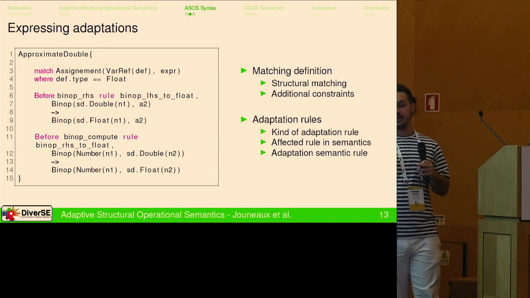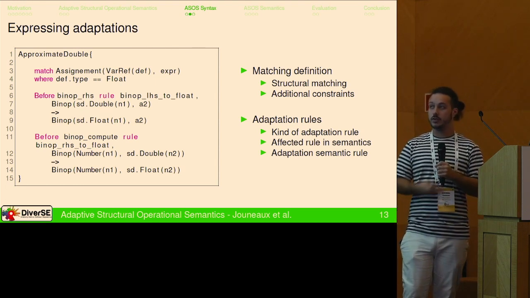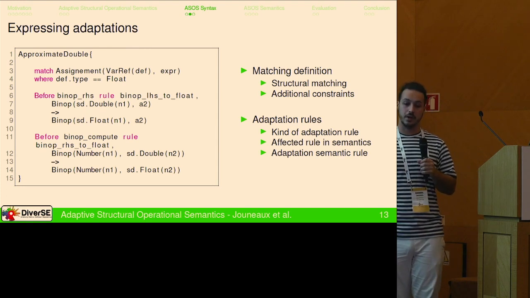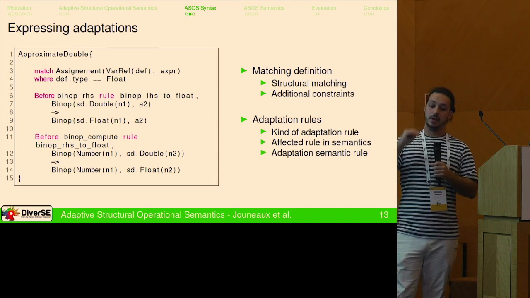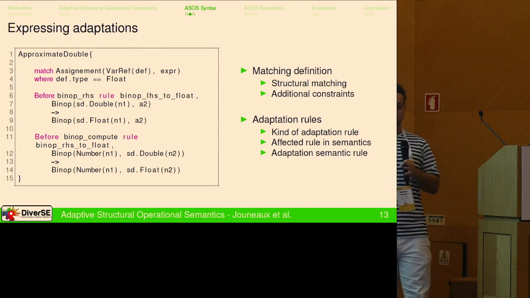In addition to those semantic rules, which provide the default semantics, we can also express adaptations on top of those rules. Here is, for example, the definition of an adaptation module, which is approximate double, where we have mainly two kinds of things inside those modules.